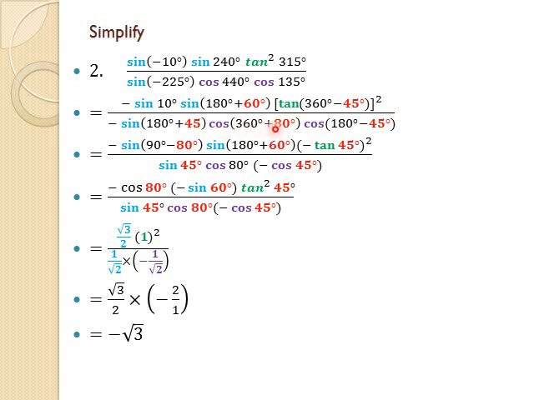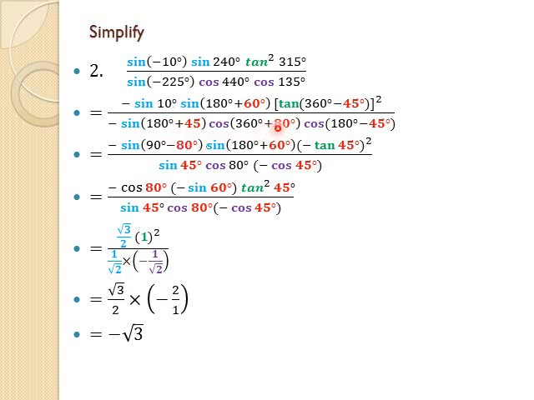So that's cos 360 plus 80, and cos 135 becomes cos 180 minus 45, which gives me 135. So 10 degrees there, and there you see I have 80. So 10 plus 80 would give me 90. So there's sine 10, I write as sine 90 minus 80.